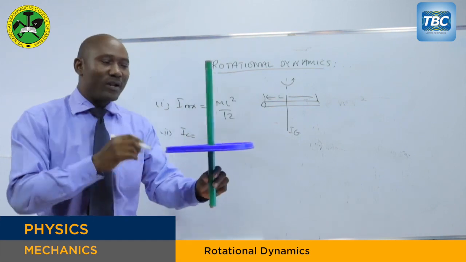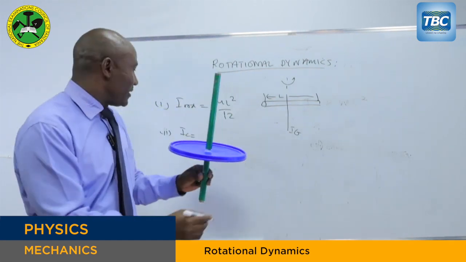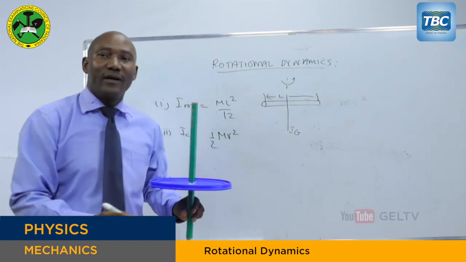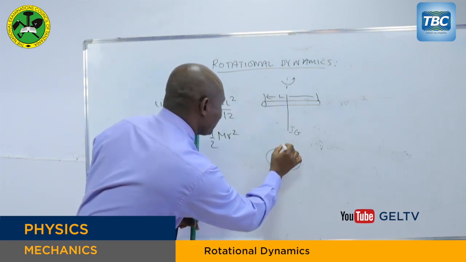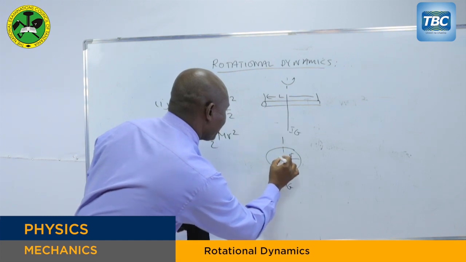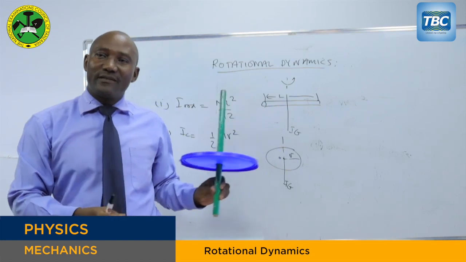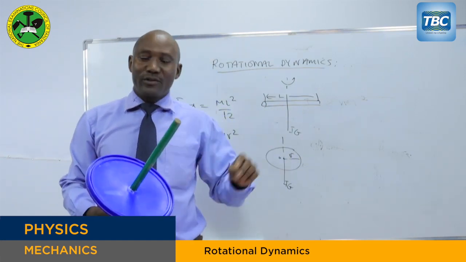The formula of a particular disk about the center of mass is given by a half mr squared. That is the radius. This is the formula you did previously, when you discussed the introduction of the moment of inertia.